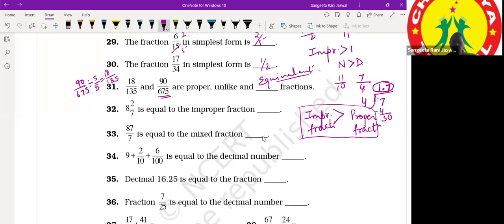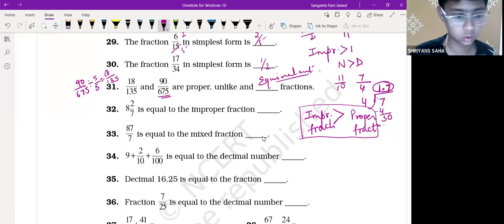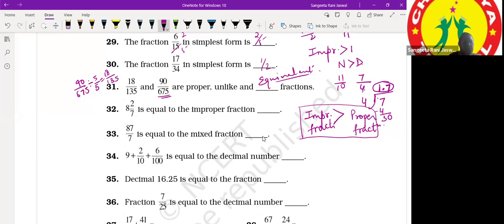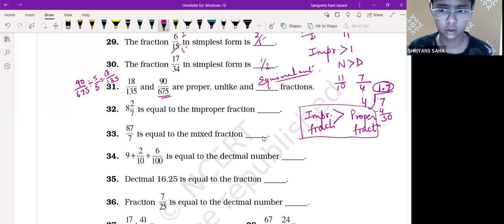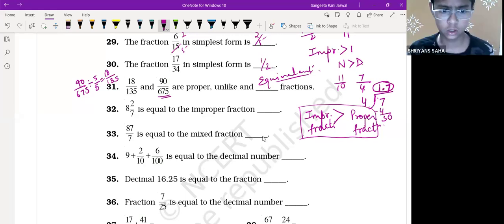Now write the mixed fraction form of this. 87 by 7. Yes, fast. 12 3 by 7.